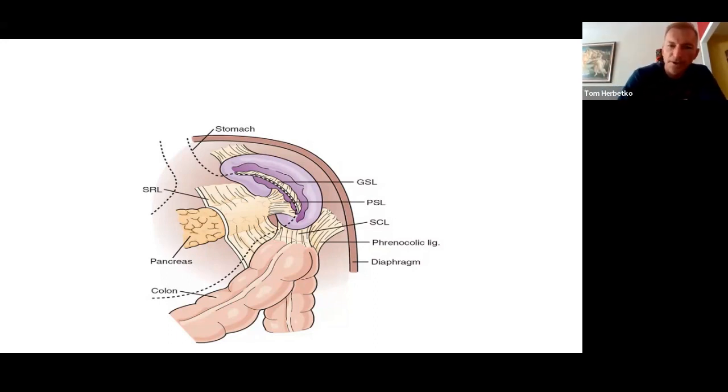Also, as you see here on the corner, we have the connection with the phrenocolic ligament, which is also important for digestion, expulsion of feces. And this is the area of fermentation.